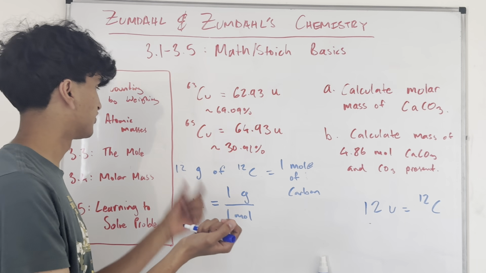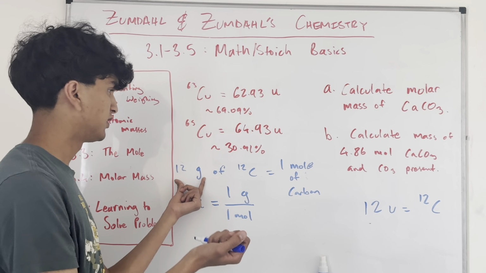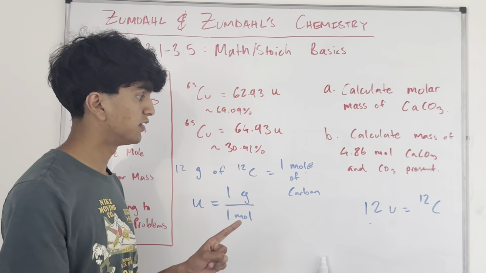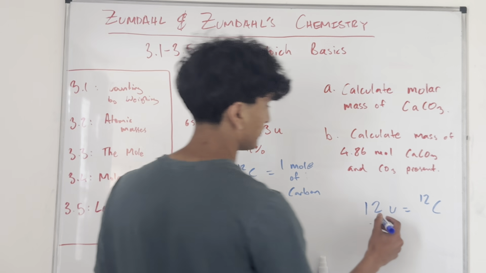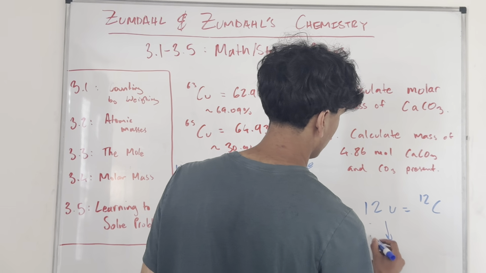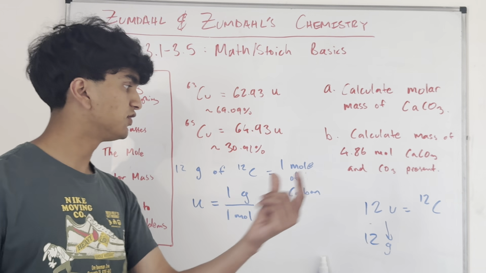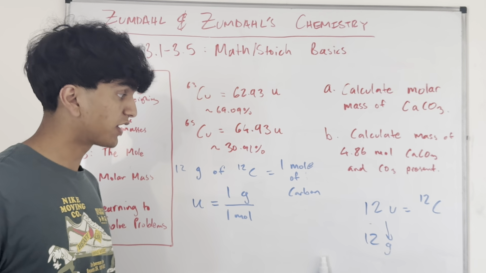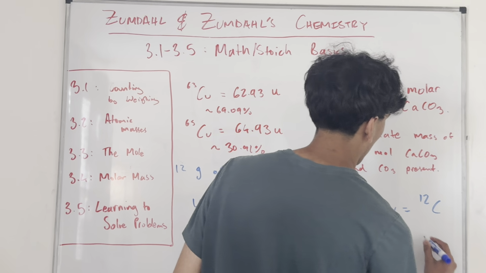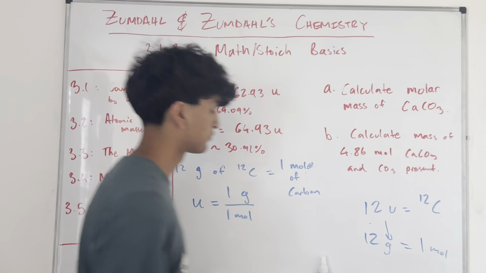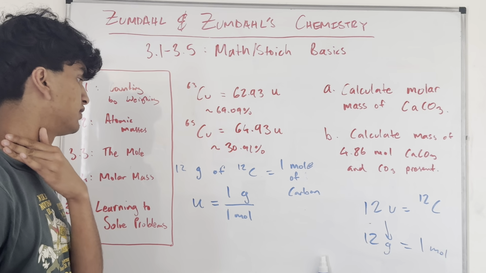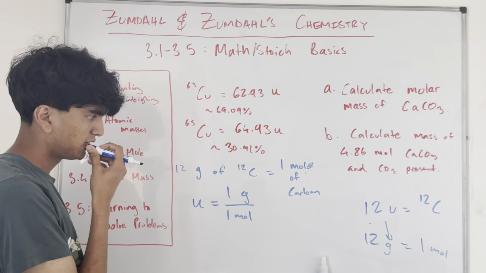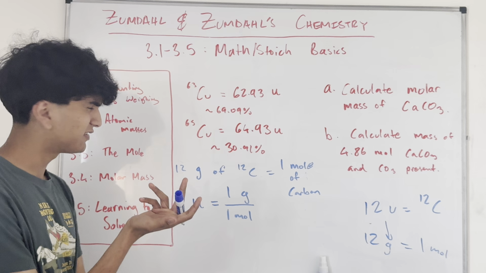I think it's just as simple as 12 grams. 12 u is the mass of 1 carbon 12. Okay? Well, if I get to 12 grams, so let's say I multiply 12 u, and I have 12 u is just 1 carbon 12. If I get 12 grams, we're going to call that 1 mole. I don't know, does it just make sense?